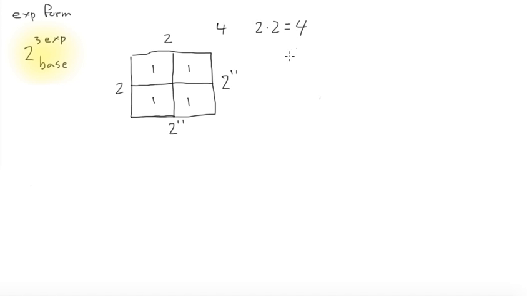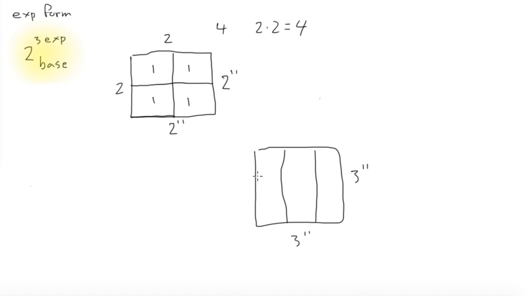Well, let's see if that works with a bigger one. Say it's another perfect square, and it's 3 inches on this side and 3 inches on this side. I know it's not perfect, but we don't need perfect.